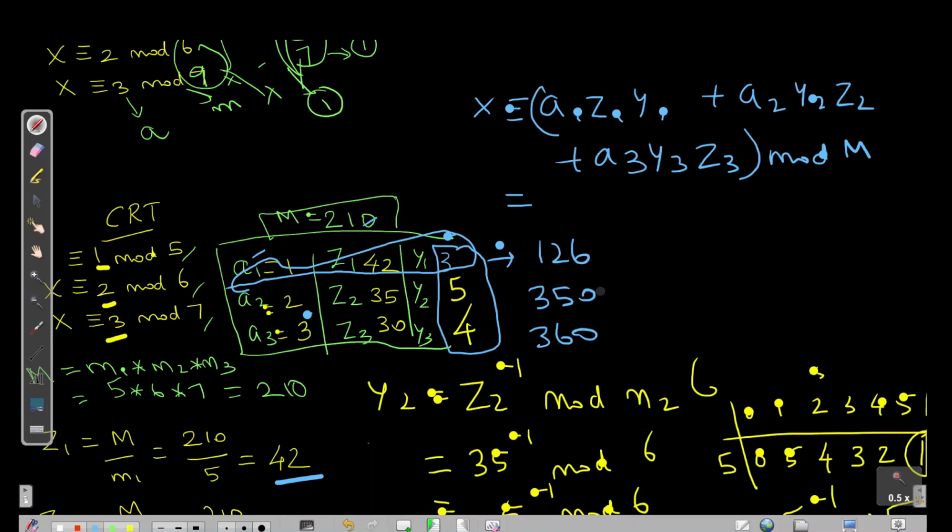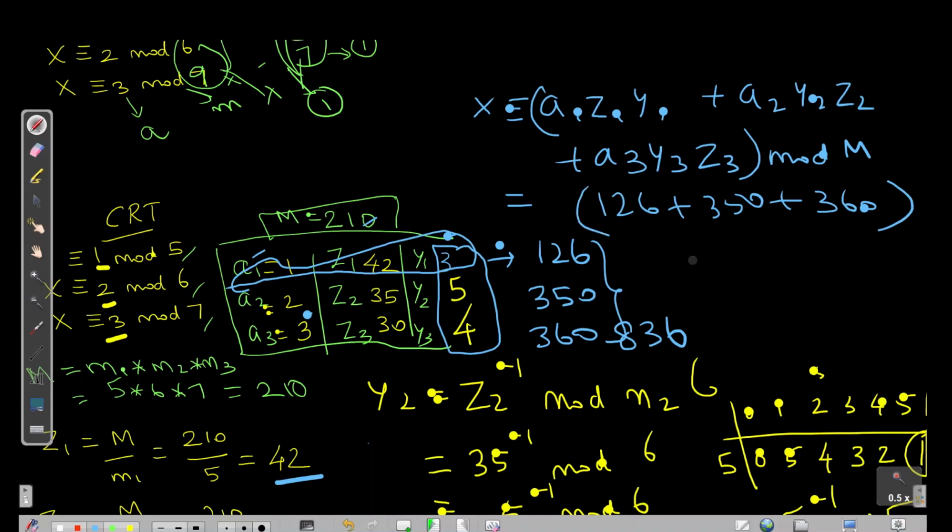So sum up all these values. You will have 836, which is equal to 126 plus 350 plus 360, mod capital M, which is 210. So here I have 836 mod 210.